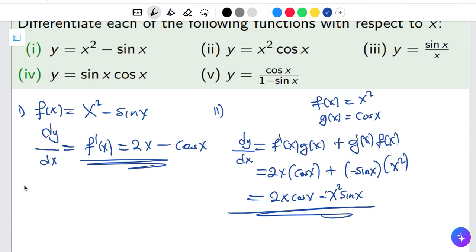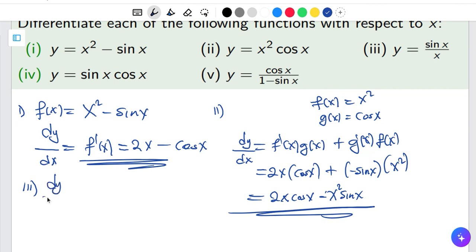The third part, we are differentiating this one here. So what are we supposed to use? Whichever way we choose, we can use the quotient rule, or we can use the first principle to find the derivative of that one. So let me just use the quotient rule.